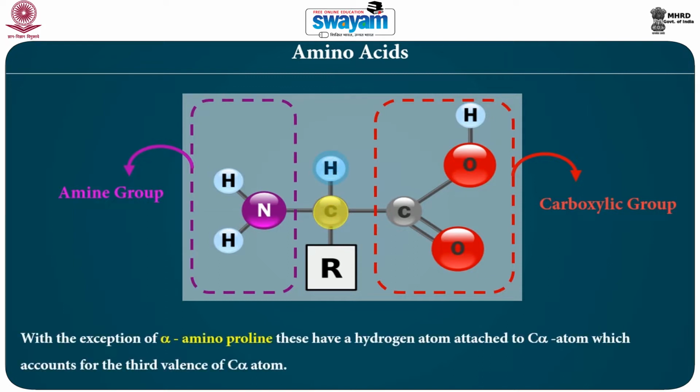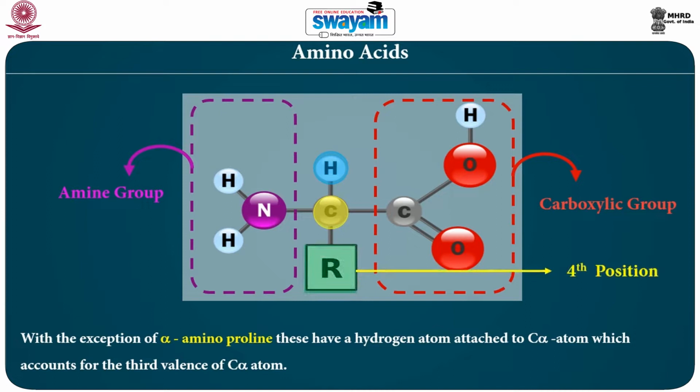With the exception of proline, amino acids have a hydrogen atom attached to the C alpha atom, which accounts for the third valence of the C alpha atom.